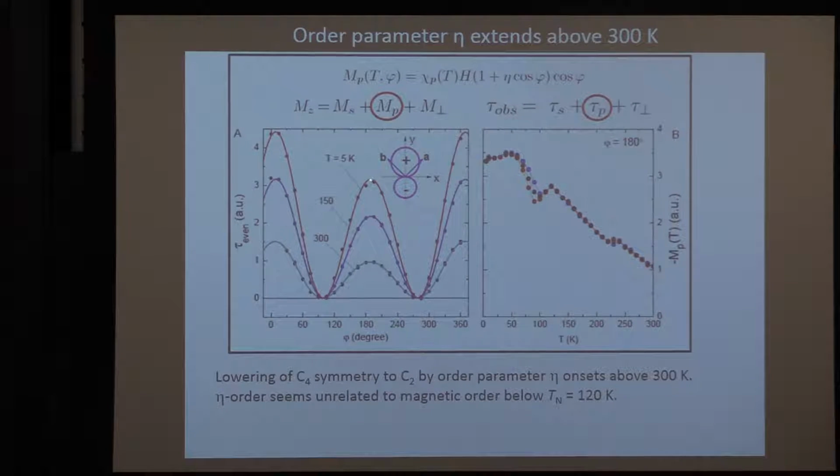Even at 5 Kelvin, the torque, the magnetization at 180 degrees, I think this must be along the y-axis, is significantly smaller than along the x-axis. And it persists. Even at room temperature, we see a difference between the maximum. So this is yet another order parameter that onsets at 300 Kelvin. And it's always there, but it complicates a little bit the D-wave pattern that onsets below 120.